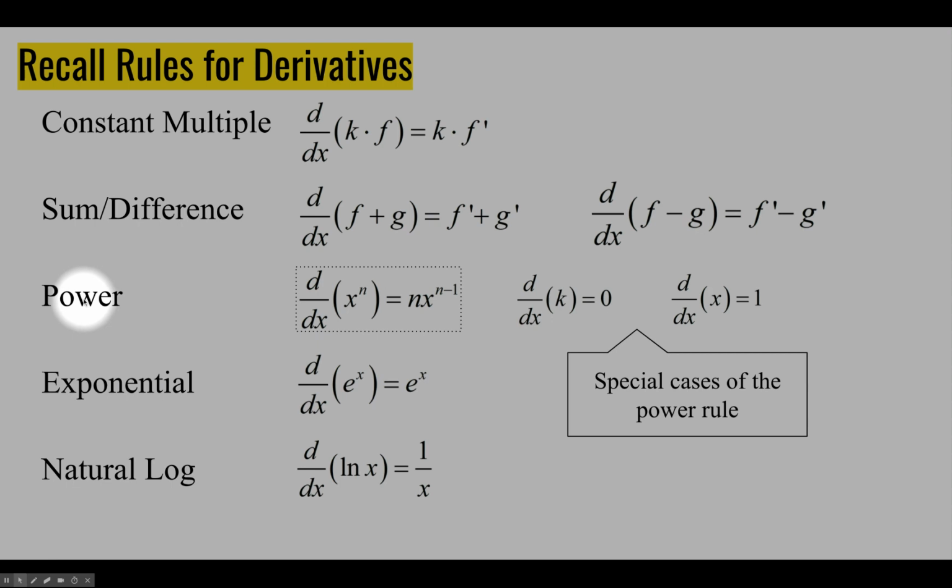The power rule told us that the derivative of x to the n could be found by pulling the power out front and reducing the power by 1. We had some special cases. The derivative of a constant was 0. The derivative of the term x was equal to 1. And those are all just based on the application of this rule to special cases.